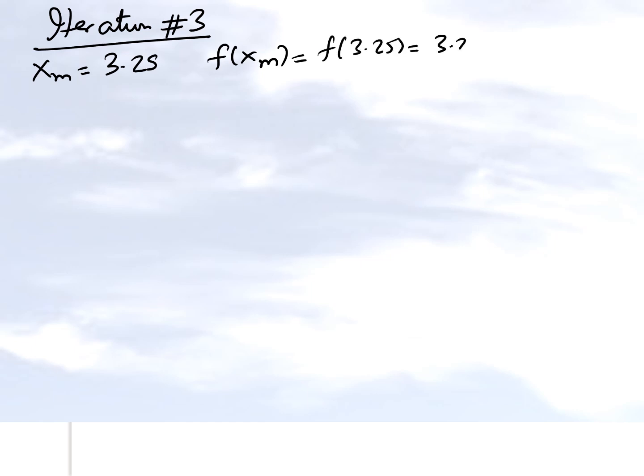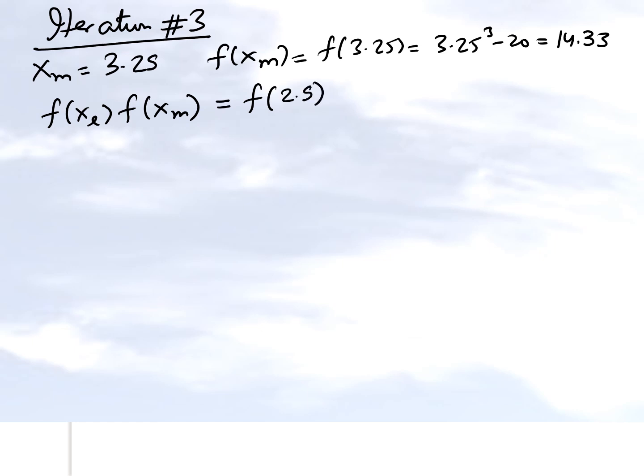It turns out to be 14.33. Then what is the multiplication of the function values at the lower limit and the midpoint? What was the lower limit in the previous one? It was 2.5. What is the midpoint now? It is 3.25.